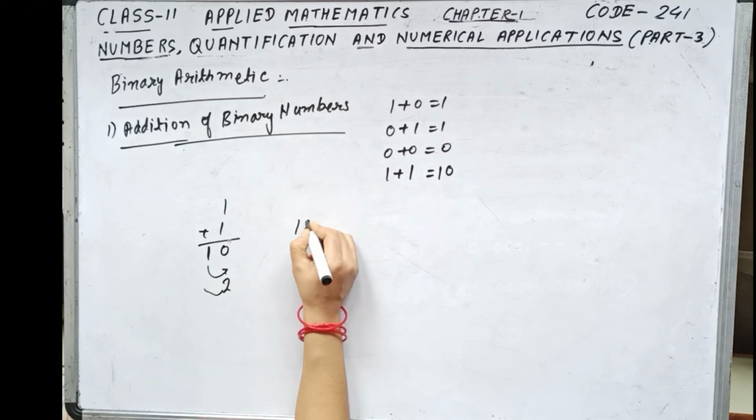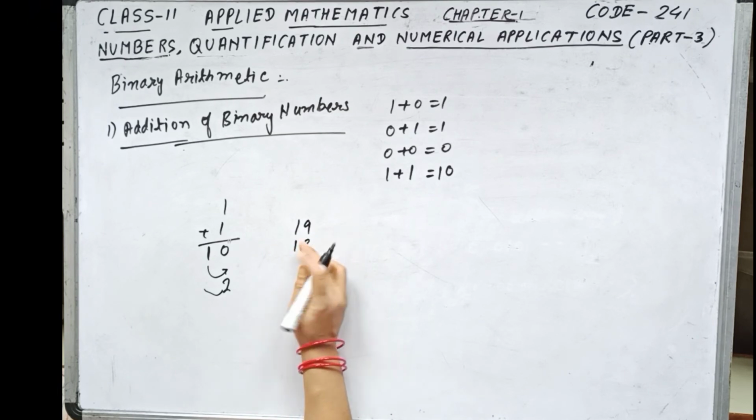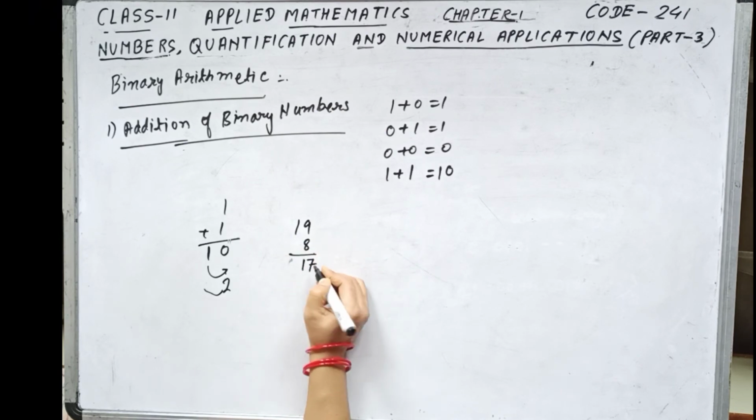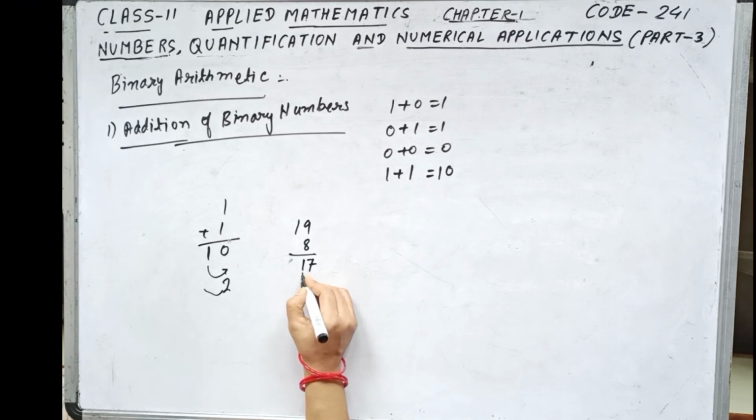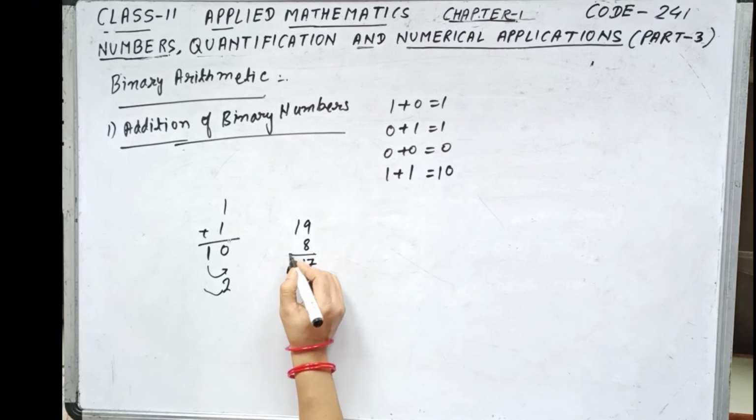You can understand again with the decimal system, when we used to write, suppose, 19 plus 8, 9 and 8 is 17. If I write 17 here, it will be the wrong way. So I write 7 over here, and this 10 I shift over here, where in the second column it becomes 1, only 1. So 1 plus 1 we write as 2.